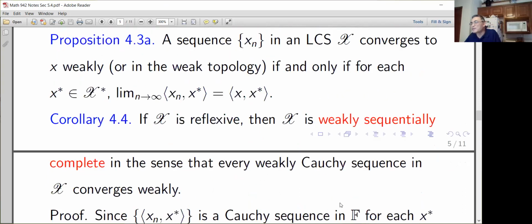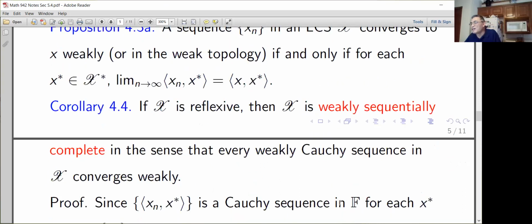Now suppose there is a sequence xn which is a weakly Cauchy sequence. That means for each functional x star, this is a Cauchy sequence of scalars.